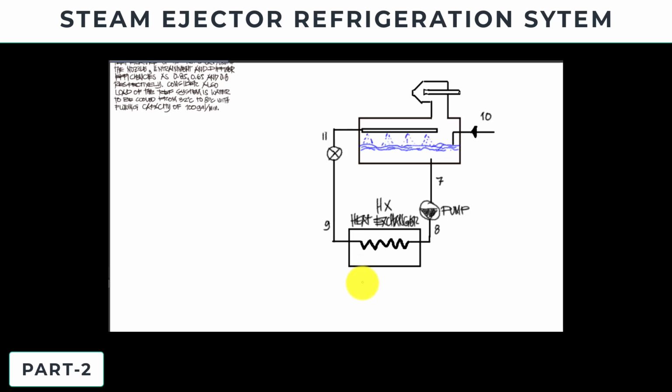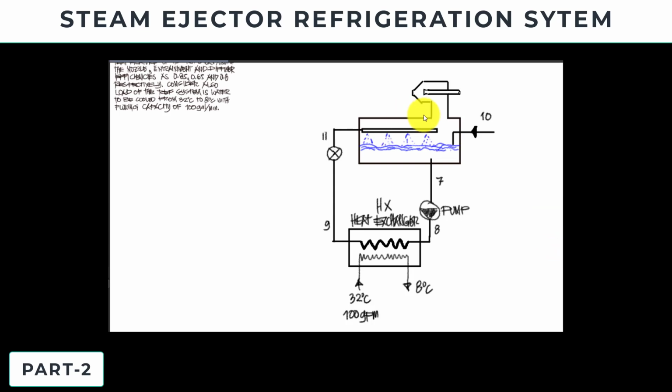We have an incoming flow of water to the coil at 32 degrees Celsius, and we need to lower the temperature of the water to 8 degrees Celsius. It has a corresponding volume flow rate, with a capacity of 100 GPM entering the heat exchanger.